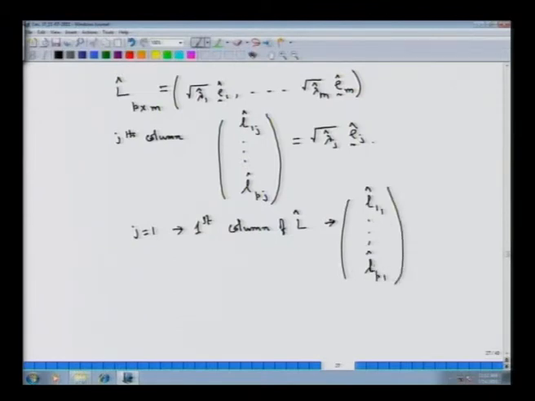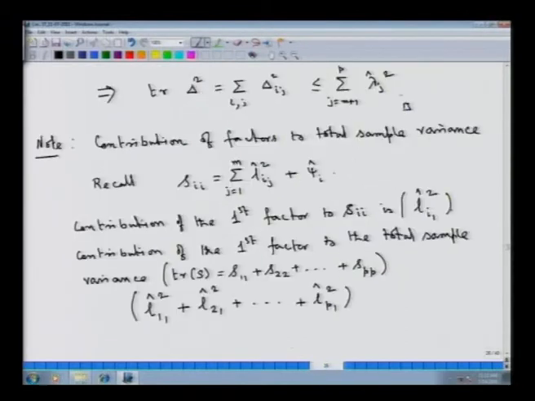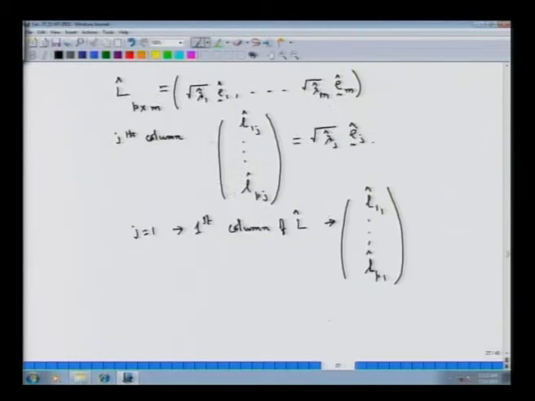Why are we looking at this particular expression? Just to identify that this contribution of the first factor to the total sample variance is nothing but the sum of squares of the entries of the first column of this L hat matrix. This is the jth column.